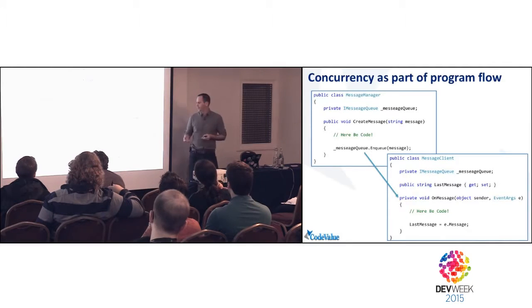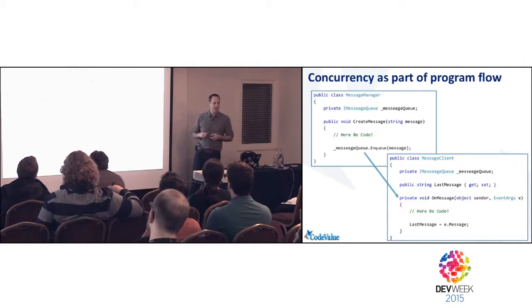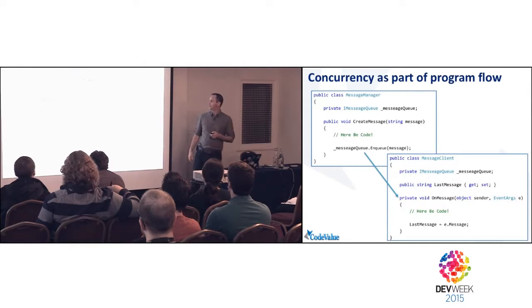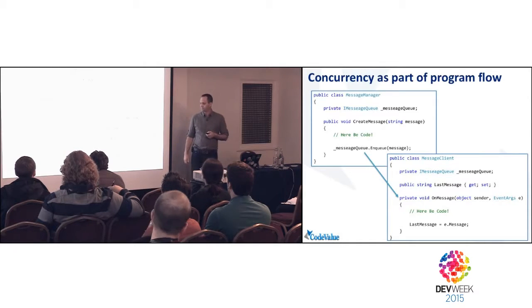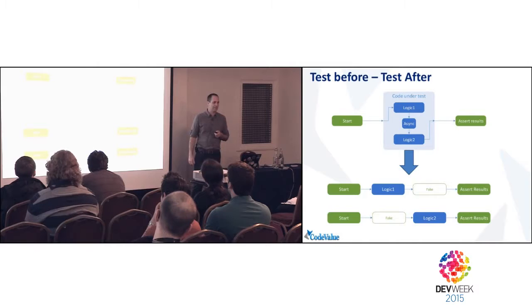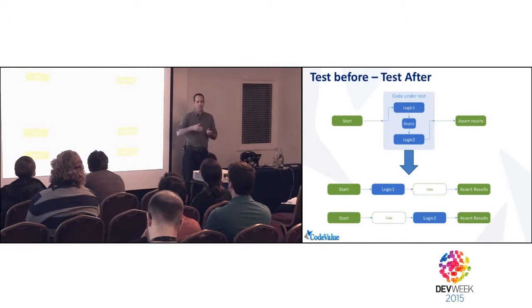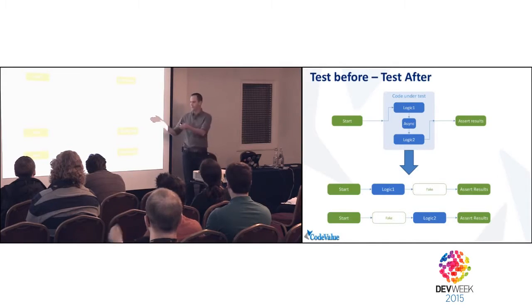Similar problems, because the queue is concurrent by definition, it's multi-threaded by definition, and I don't want it in my test. I don't want any multi-threading if I can get away with it. And so the solution here, what I call test before, test after, is to split it to two different tests, until I get to the queue and from that queue. The queue I'll test differently in another way later. But right now, I'm just testing the logic.